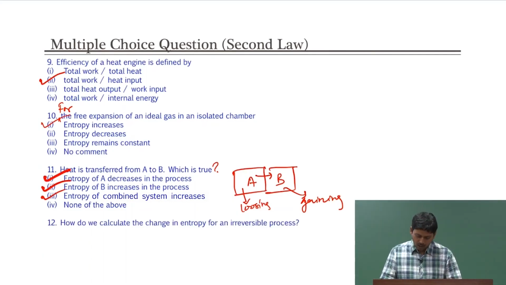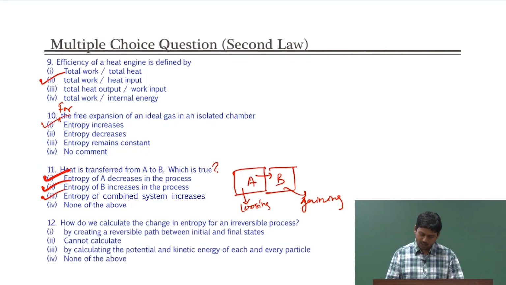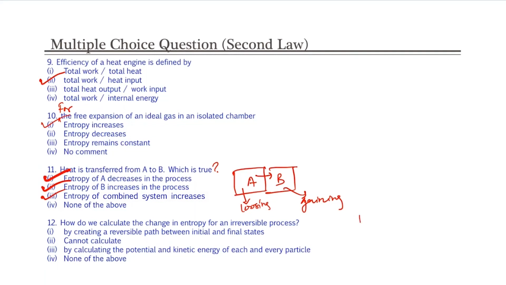Next question, how do we calculate change in entropy for an irreversible process? By calculating reversible path between initial and final states, cannot calculate, by calculating the potential and kinetic energy of each and every particle, and none of the above. This is a very important thing for you to remember, entropy is a state function, therefore, it has to be associated with some state variables. Now, if I talk about an irreversible process going from A to B, there can be many irreversible paths.